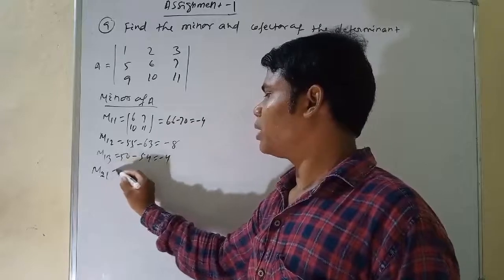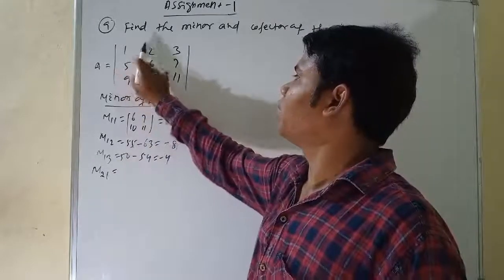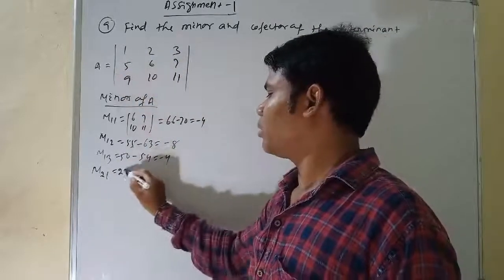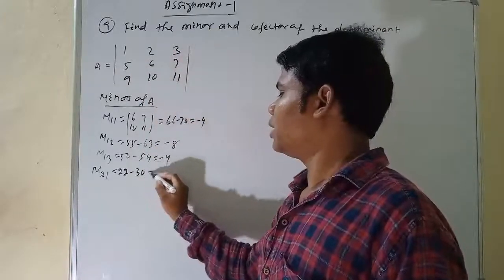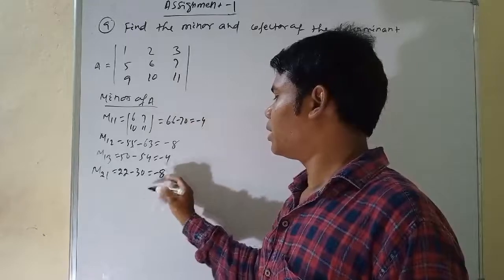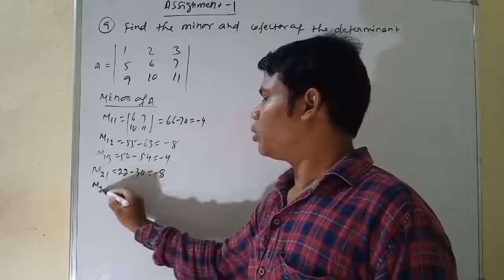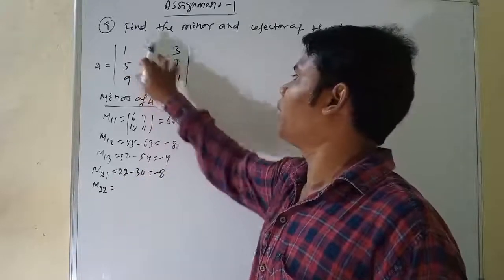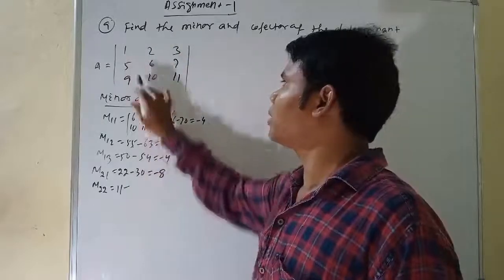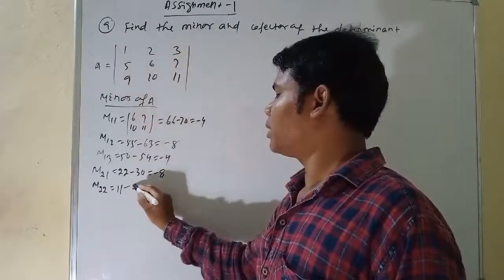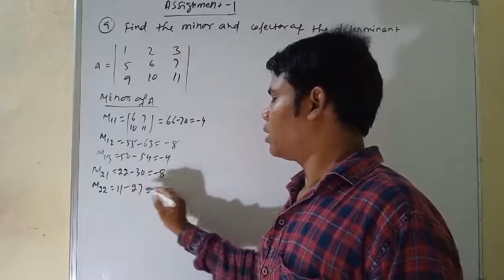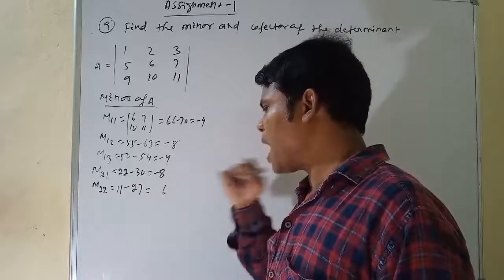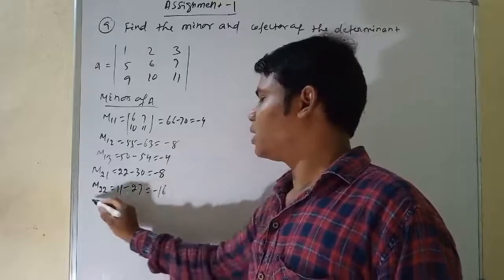M21 is equal to, for this element, 2 into 11, 22, minus 10 into 3, 30, is equal to -8. M22, for this element, 1 into 11, 11, minus 9 into 3, 27, okay, is -16.